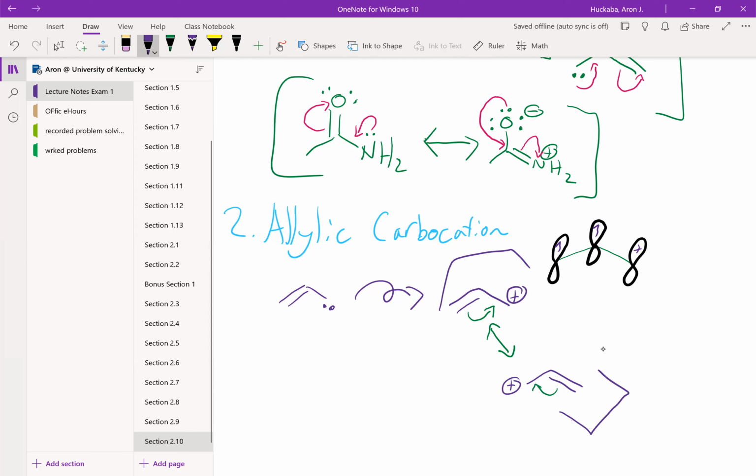Okay. So that is very similar to an allyl lone pair: the allyl carbocation. And there are some examples of these, but fewer.